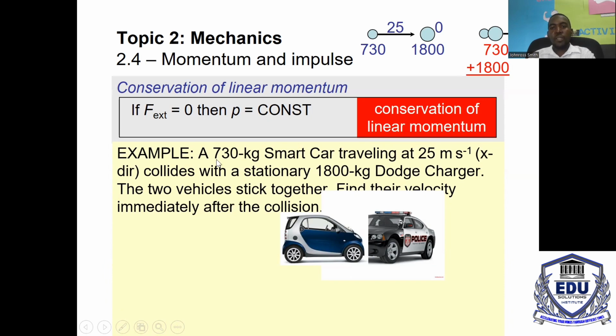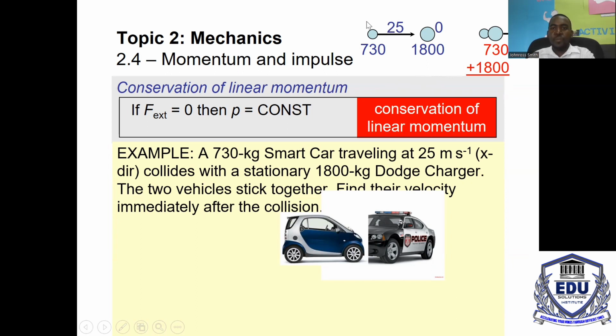So in this question here, we have a case where they're going to stick together. We have a 730 kilogram car traveling at 25 meters per second. It collides with a stationary 1,800 kilogram car and they stick together. We need to find what their velocity is after the collision. Because they're moving together, we know it's an inelastic collision.